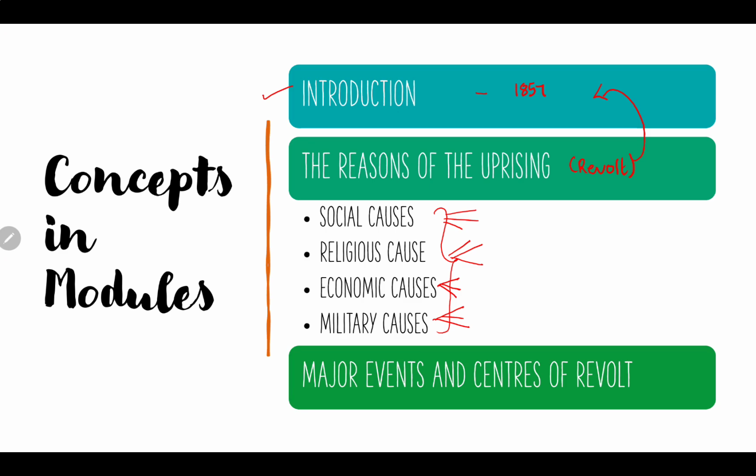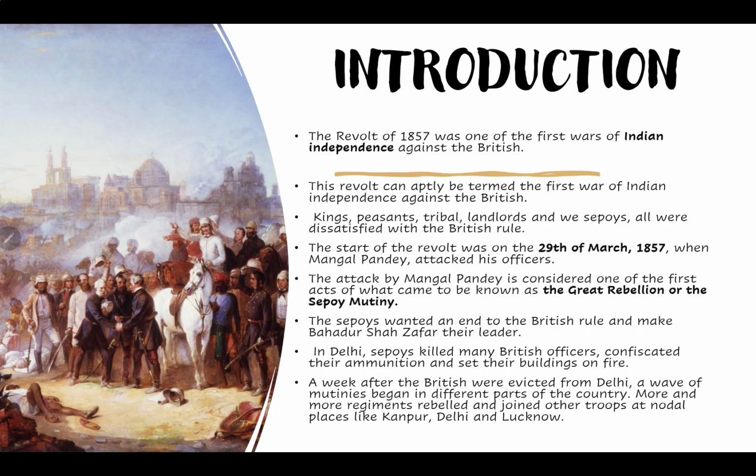Moving forward, let's understand what the revolt of 1857 is. The revolt of 1857 was one of the first wars of Indian independence against the British. When we started our chapters, we studied how the British came as traders and became rulers. We studied it in two parts: traders to rulers, and traders to rulers part 2.